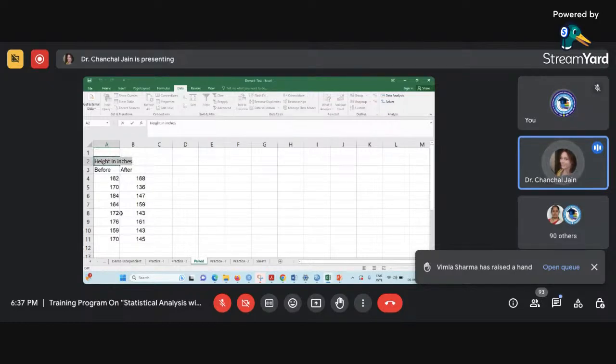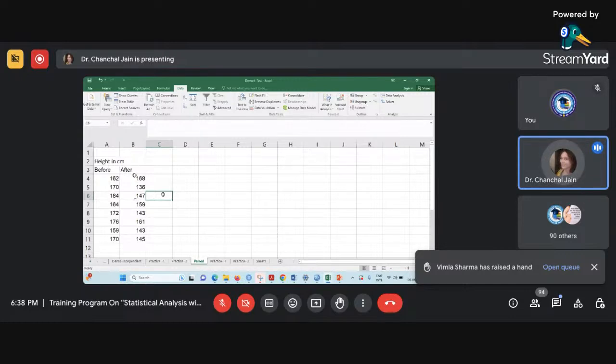What particular variable name can I give it? I need to check. Will it be height in centimeters? Maybe height in centimeters. Weight in pounds, that can also be there, or height in centimeters is also a good idea. Suppose these are the heights before taking any particular plan and after, before joining any particular plan.